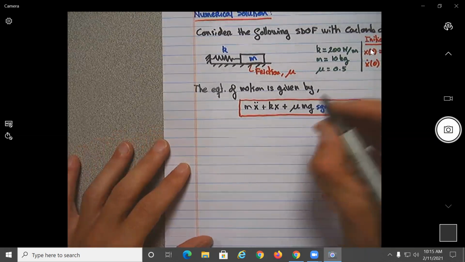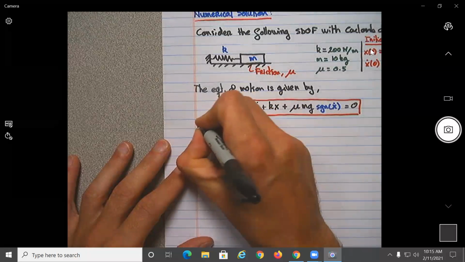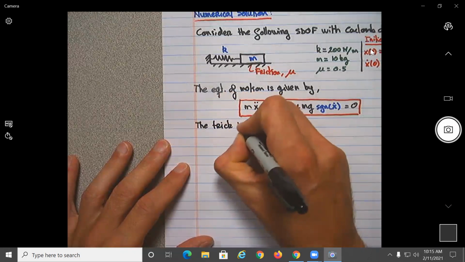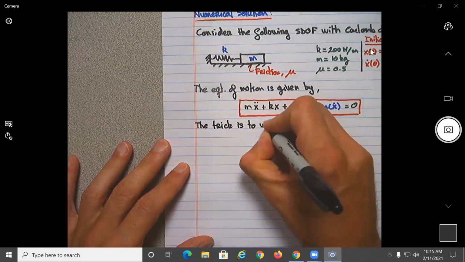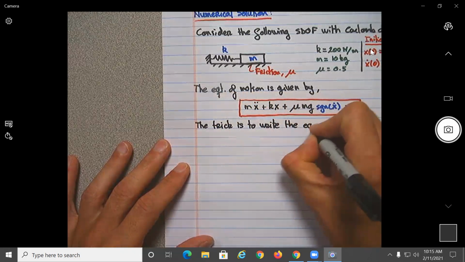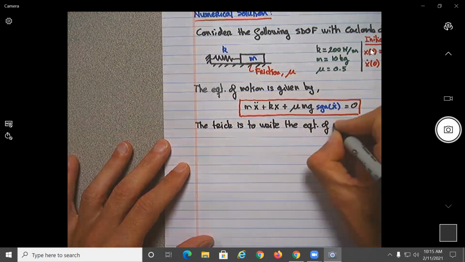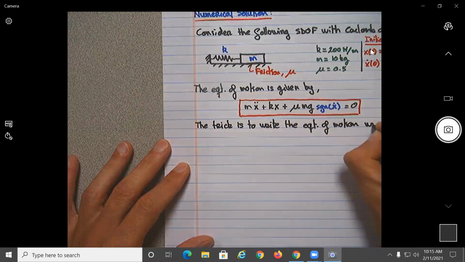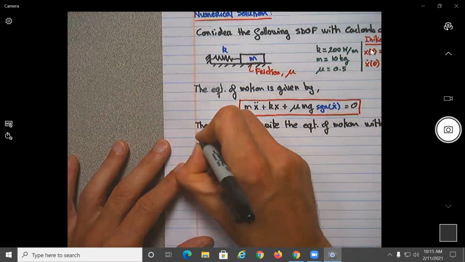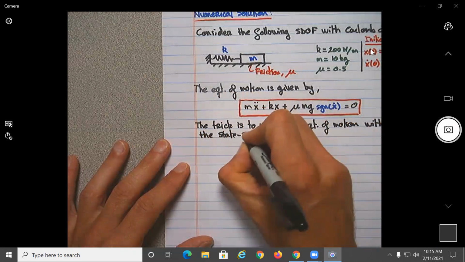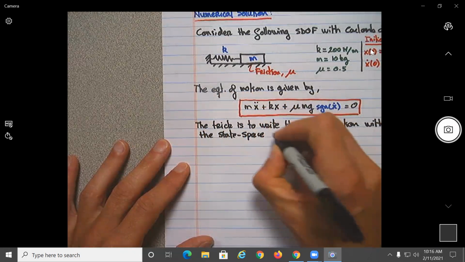So the trick is to write the equation of motion with the state space representation.